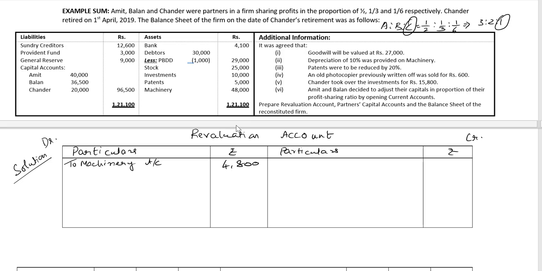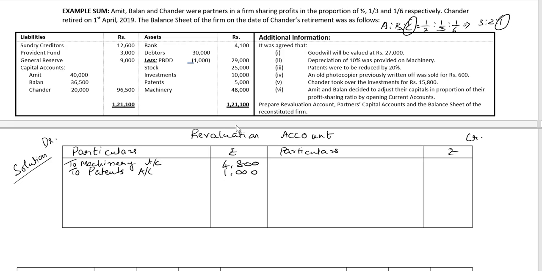Third point, patents were to be reduced by 20%. 20% of 5,000 rupees 1,000. So to patents account, 1,000 rupees.